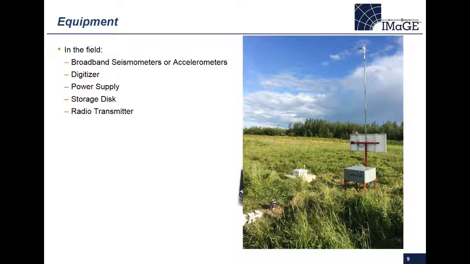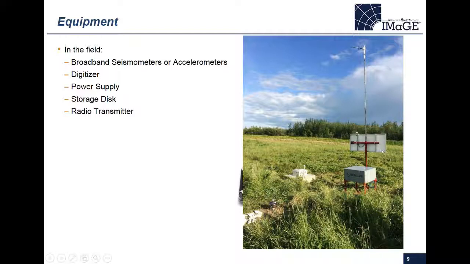And aside from the sensors, what we'll need is some electronics such as the power supply, digitizer, and storage disk. And this is typically stored in a weatherproof box located right next to the sensor. So in this box that our partner Resolve has put out here, they will have batteries to power everything and some kind of method to store the data if necessary.